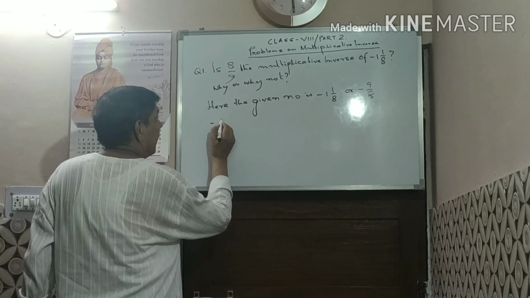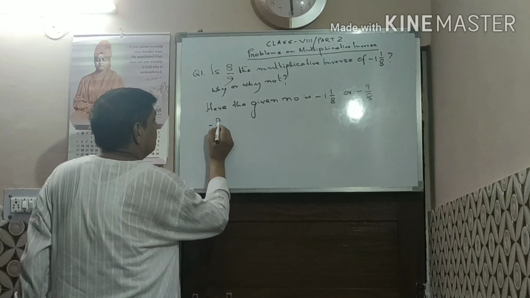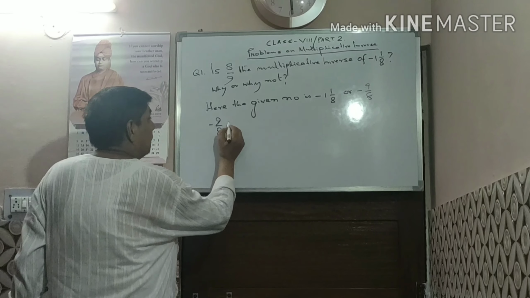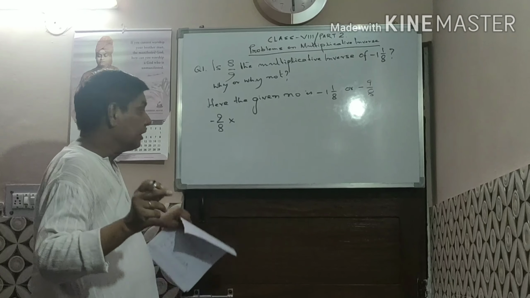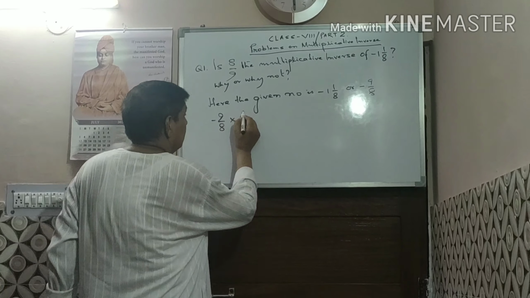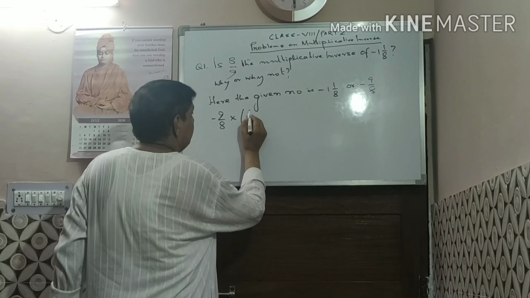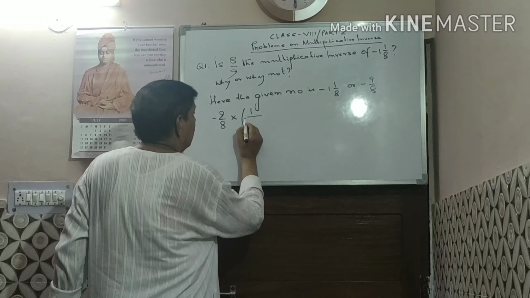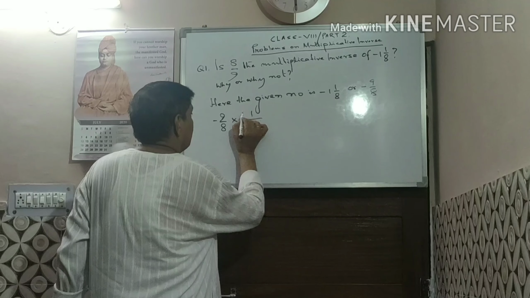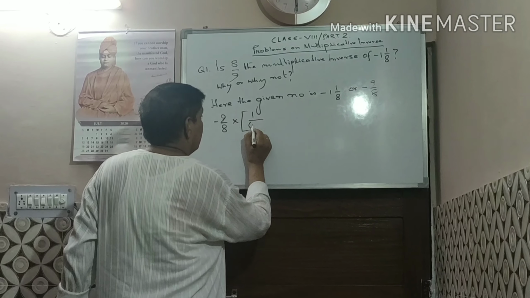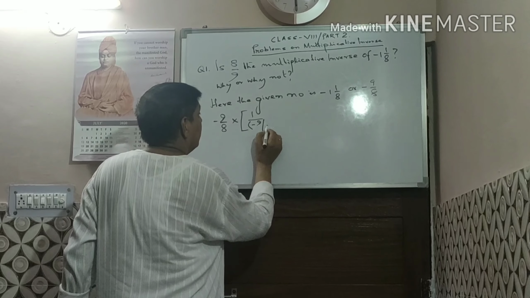Right? Minus 9 by 8 multiplied by the reciprocal of the given number.